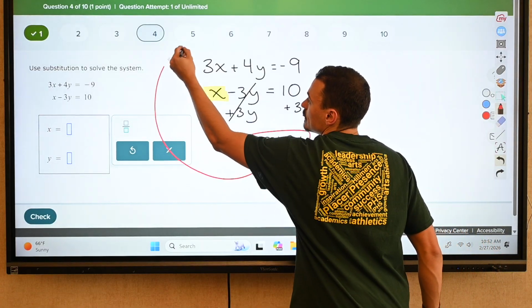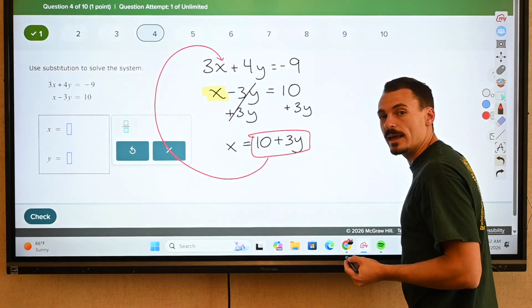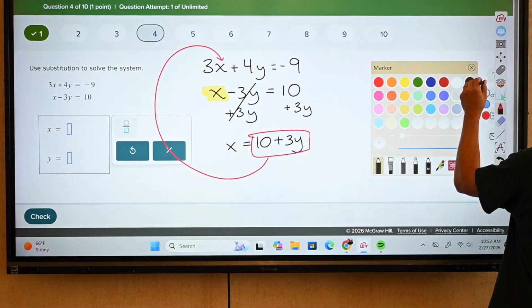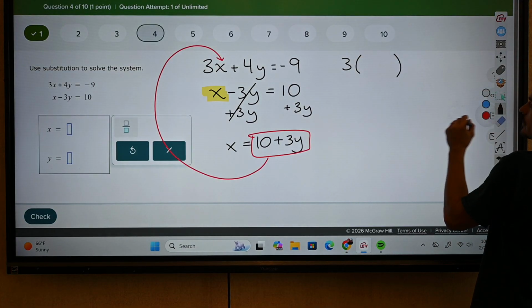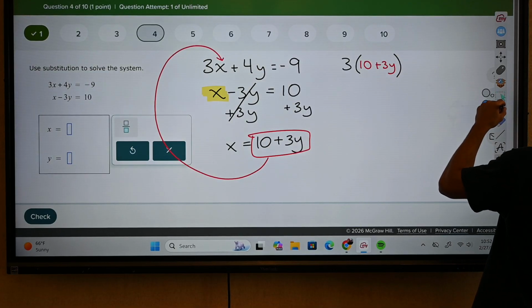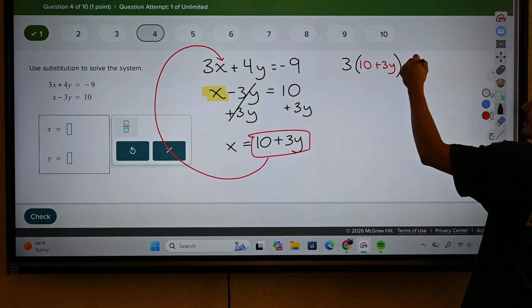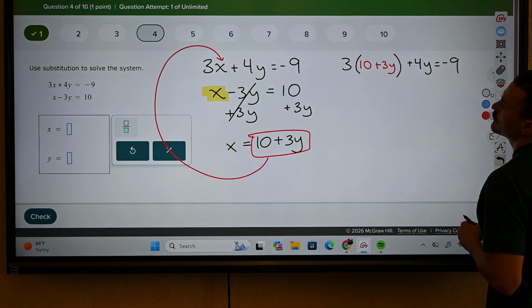So this red can go into the x. We get 3 groups of 10 plus 3y plus 4y equals negative 9. All right, let's solve this quickly.